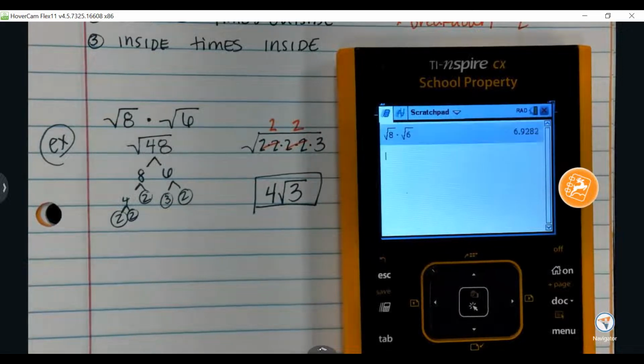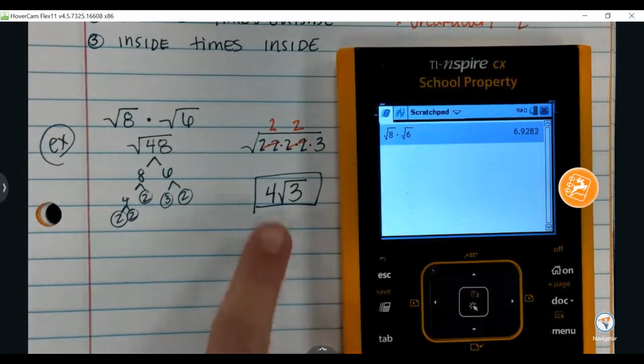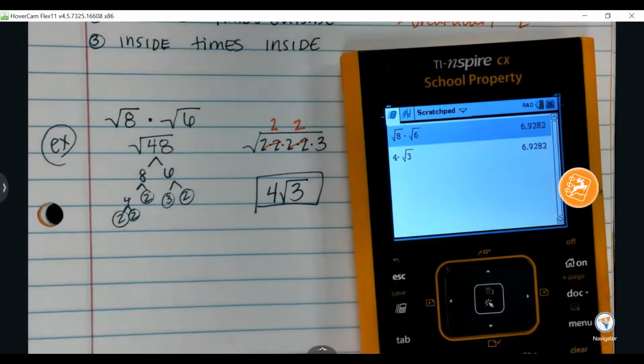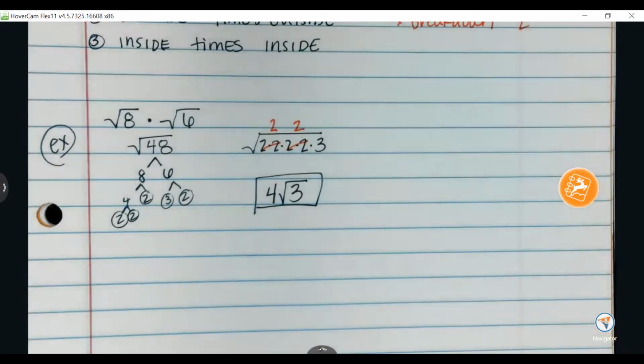When I hit enter, I get a really ugly decimal, but that's okay. Now, type in what we got as an answer, 4 square roots of 3. When I hit enter, what do I hope is there? The same decimal. Is the same decimal there? So what does that tell you about your answer? It's correct, or you're really lucky, one of the two.